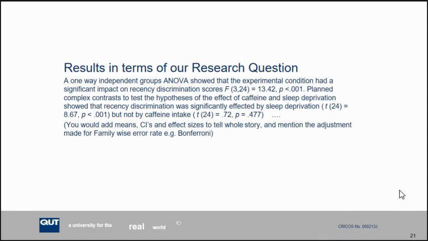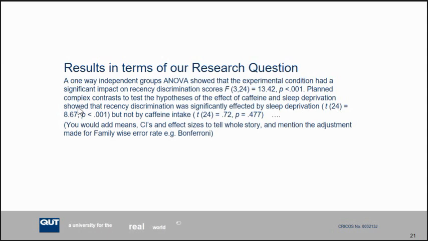So, in terms of our research question, what have we found? One-way independent groups ANOVA showed that the experimental condition did have a significant impact on recency discrimination scores. And there is our F-test from our omnibus ANOVA. In this case, I'll report the planned complex contrasts to test the hypotheses of the effect of caffeine and the effect of sleep deprivation. They showed us that recency discrimination was significantly affected by sleep deprivation.